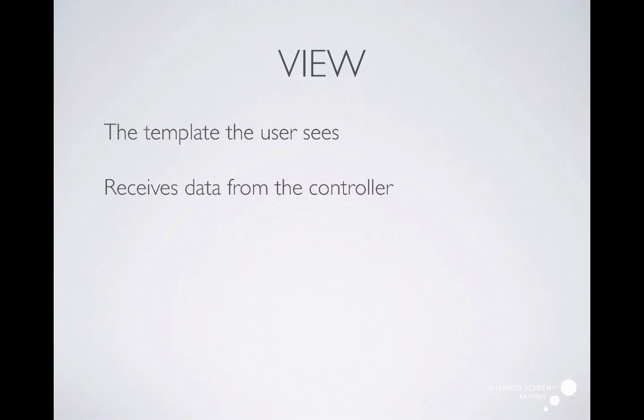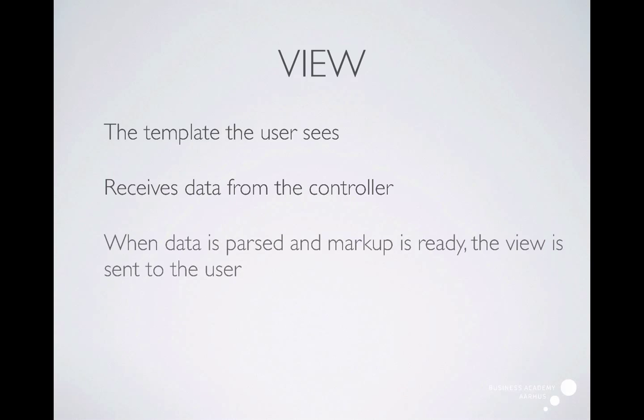So it receives the data from the controller, and then when the data is passed and markup is ready, the view is sent to the user, and sometimes it's already happened in the front end, or when the view is passed, a notification is sent back to the controller, and the controller then, for example, sends out this view to the user.